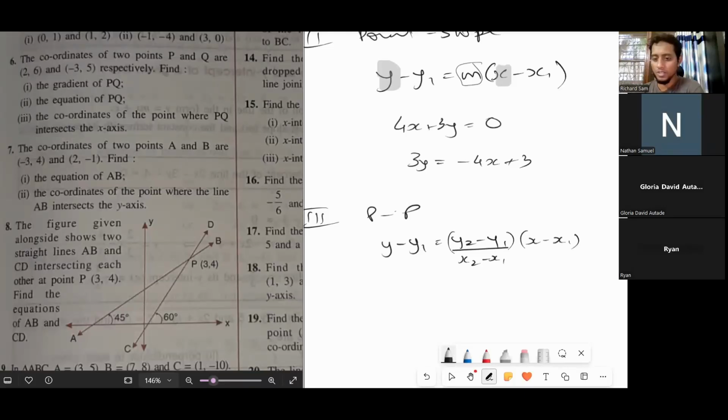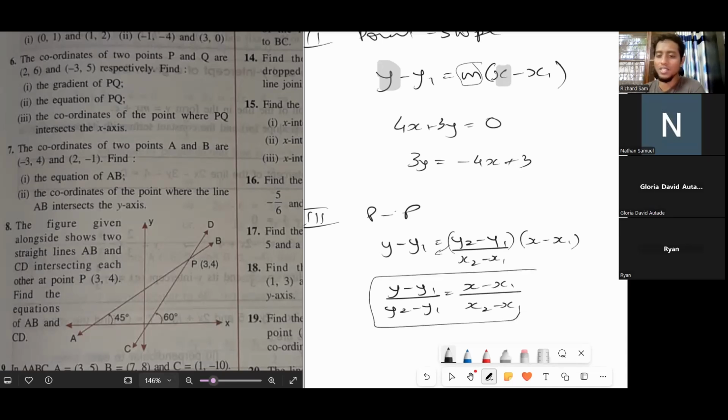Now we can take this y2 minus y1 to the left side. So we'll have y minus y1 upon y2 minus y1, and on the right side we have all the x terms, that is, x minus x1 divided by x2 minus x1. If you want, we can consider this as a new formula and directly substitute, or if you don't want, forget this, just use the same formula, find m separately and then substitute in this.